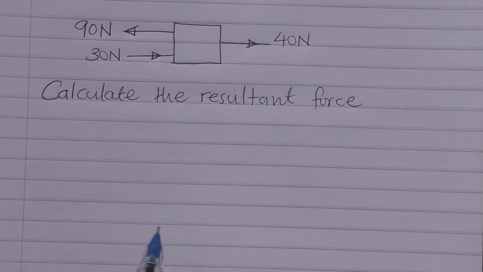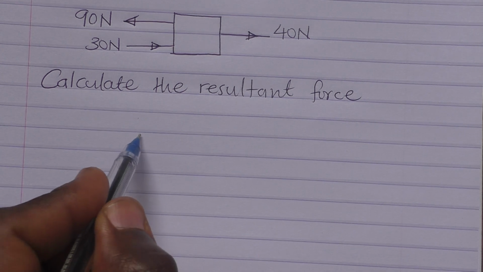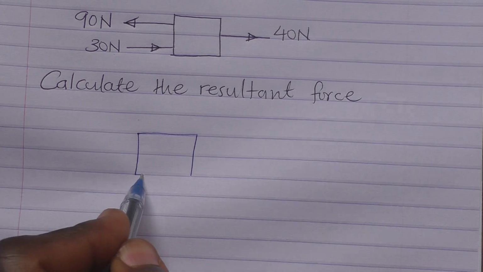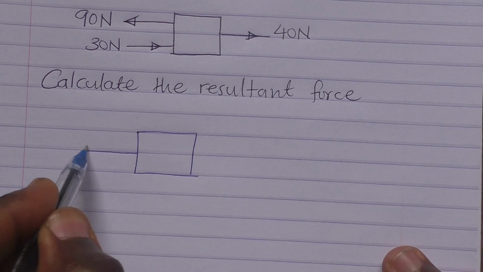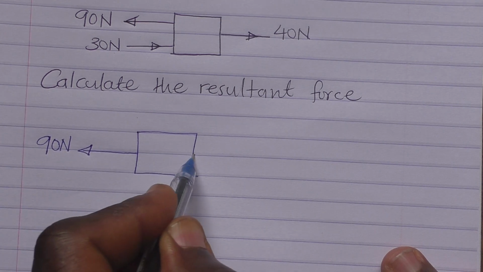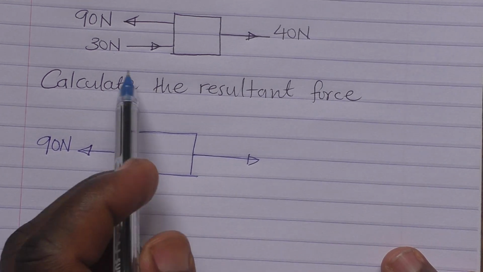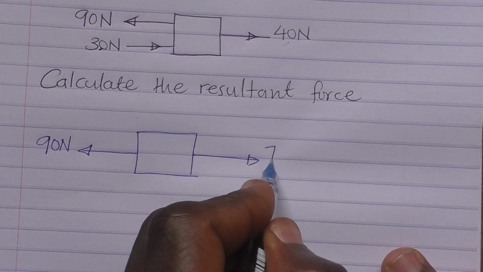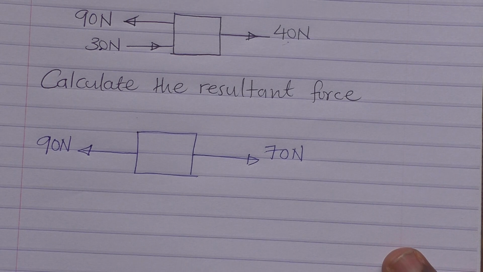And therefore, that will give us another structure of forces, whereby here we shall have 90 newtons, and this side we shall add the 30 plus the 40 to give us 70 newtons.